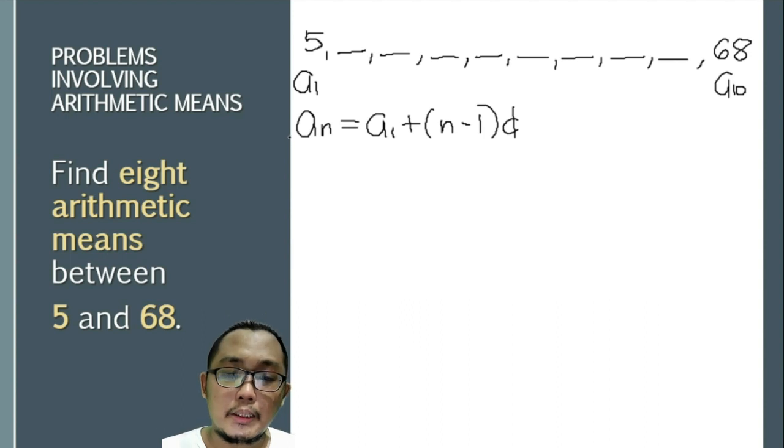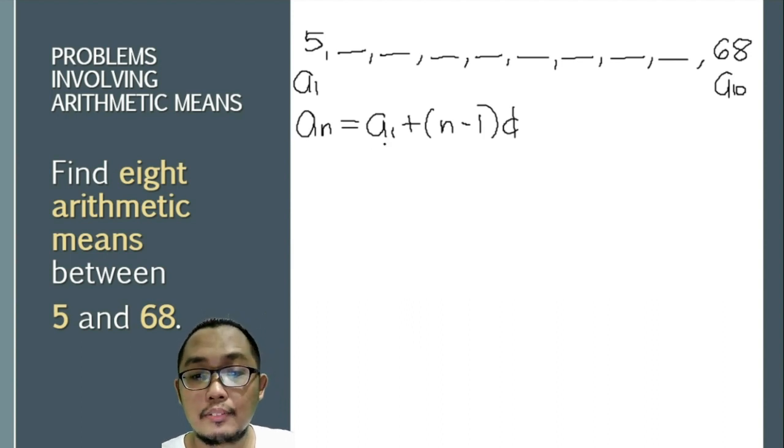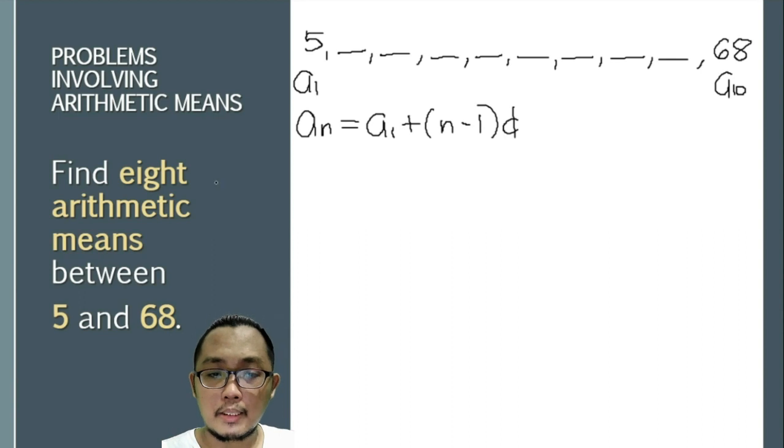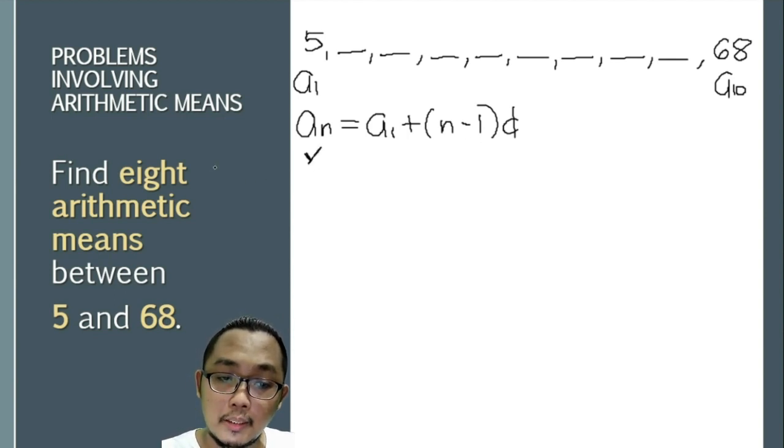If we try to run a data sufficiency test using all the information provided in our problem, then we may assume one particular term for our a sub n, and that would be our a sub 10, for which we will have a value that replaces the a sub n in our formula.